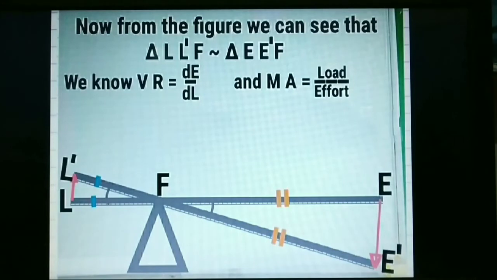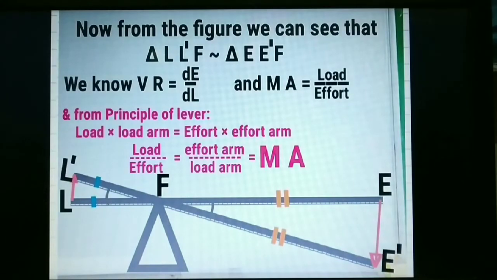Now from the figure we can see that triangle LL'F is similar to triangle EE'F, and we also know that velocity ratio is displacement of effort by displacement of load, and mechanical advantage is equal to load divided by effort.